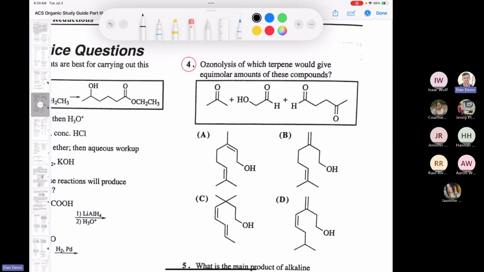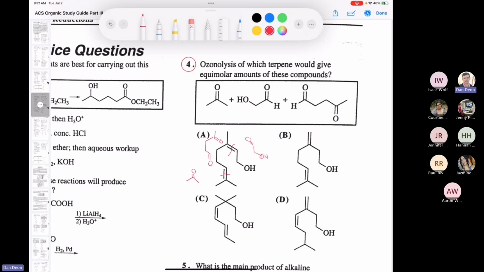So you basically have to take each one of these compounds and just do what we did when we learned this. We'd say, okay, break this here, right? If you do this, you end up with this molecule, then you end up with this molecule, and then you'd also end up with this molecule.